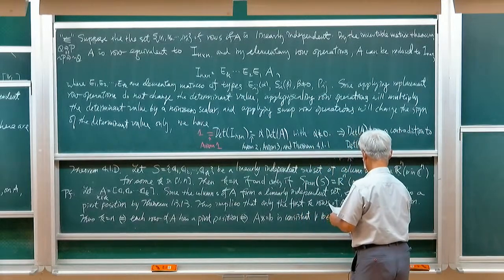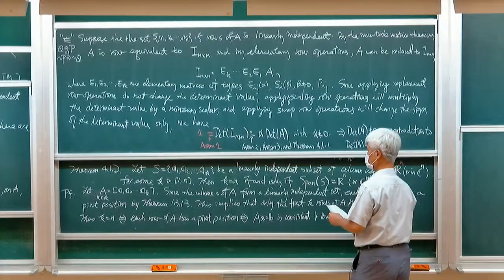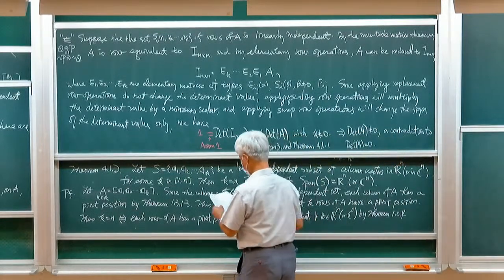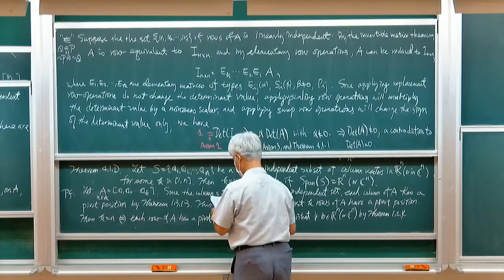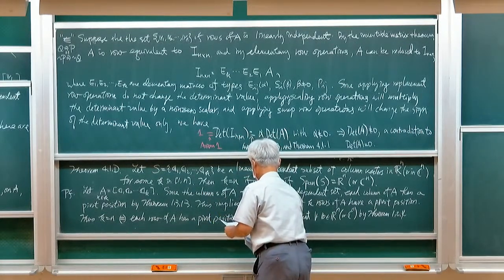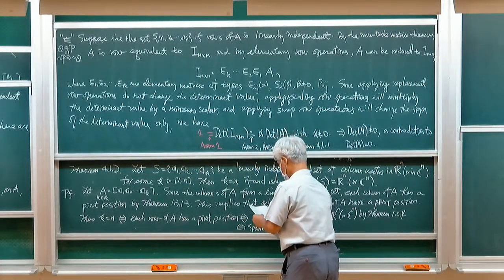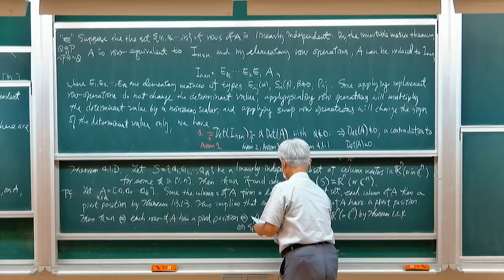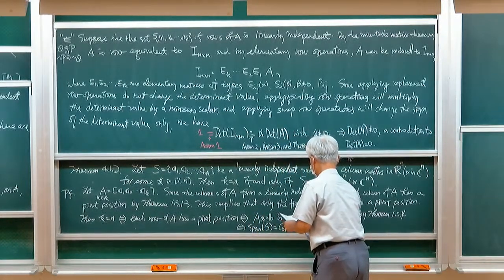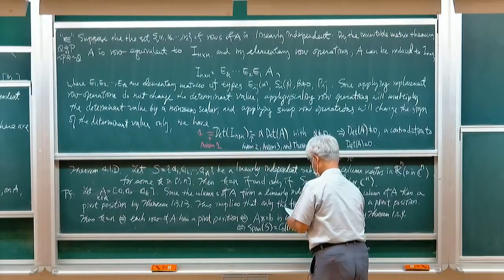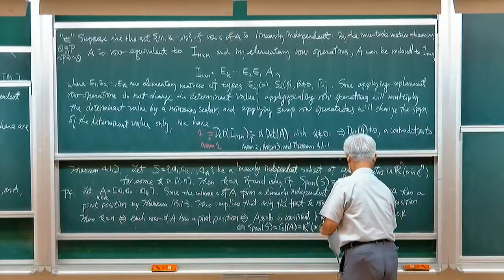by theorem 1.2.4. And this is if and only if the span of S, this is the column space of A, is equal to Rn over Cn by theorem 1.2.3.